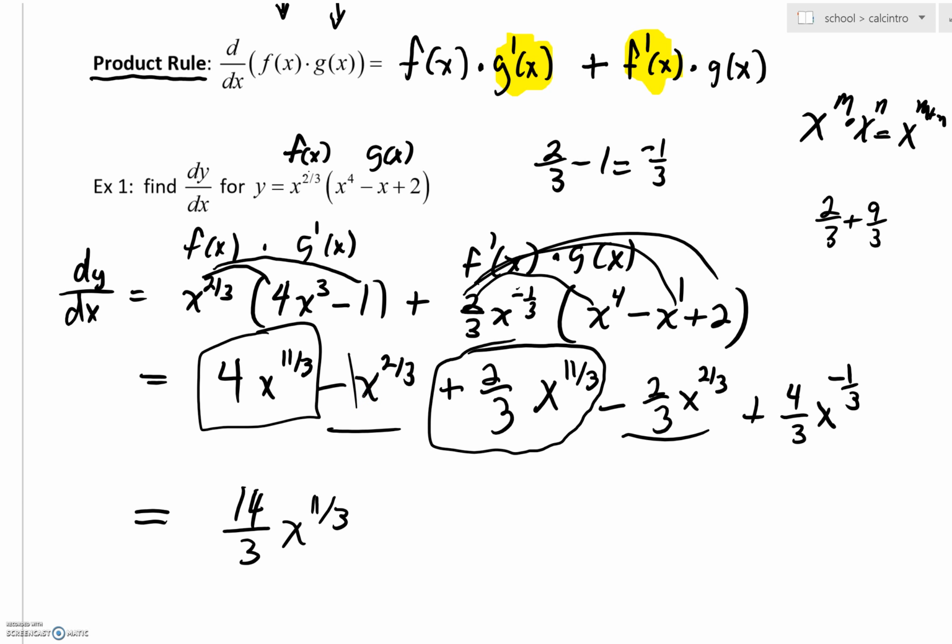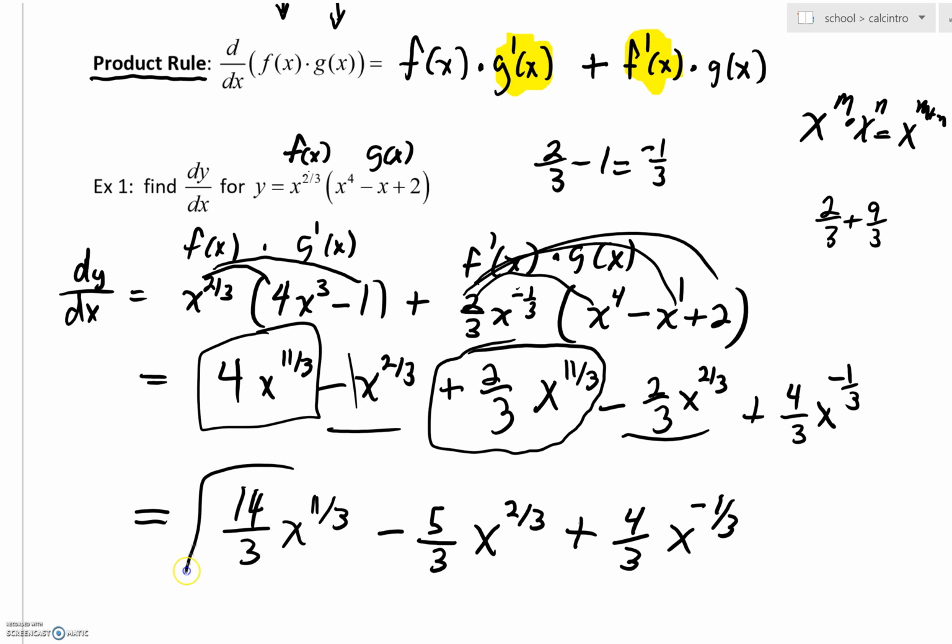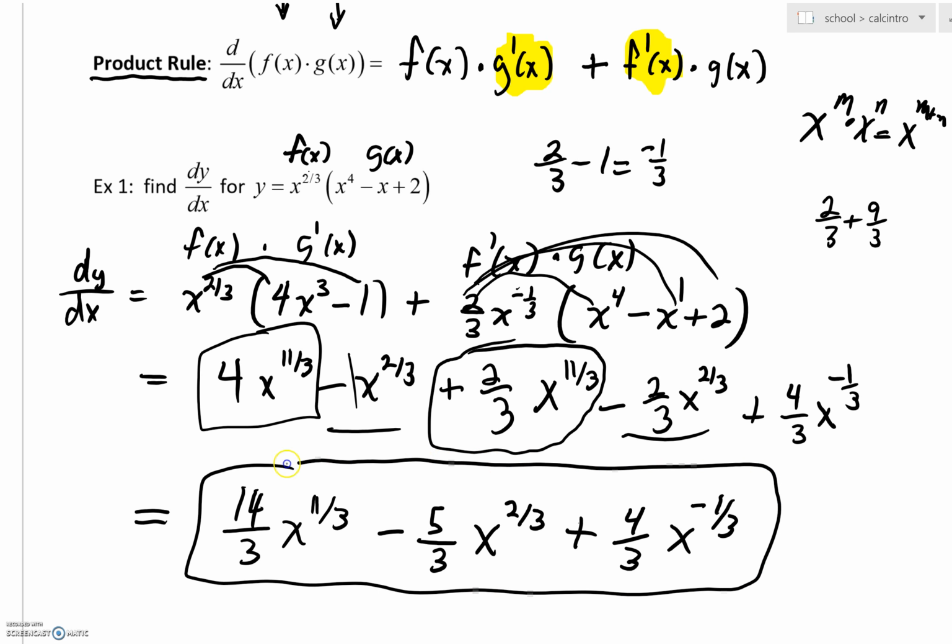We have a minus 1 and a minus 2/3. A minus 1 is negative 3 over 3. Minus 2 over 3, that would be a minus 5 over 3. And then finally, the last term doesn't have anything to group with it. We could leave our answer like this. If the direction said no negative exponents, we'd have to bring our x to the negative 1/3 down.